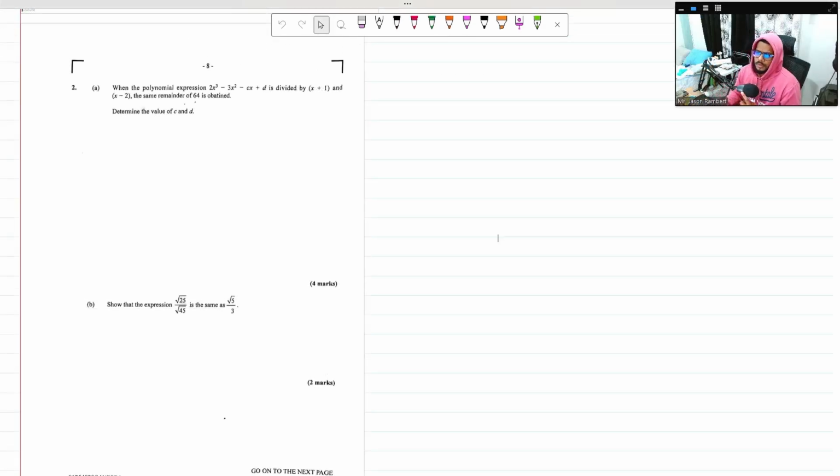Number 2: when the polynomial expression is divided by x plus 1 and x minus 2, the same remainder of 64 is obtained. So my first option, I will let f of x be the polynomial 2x cubed minus 3x squared minus cx plus d. f of x divided by x plus 1 is equal to f of minus 1, which is equal to 2 into minus 1 cubed minus 3 into minus 1 squared minus c into minus 1 plus d.